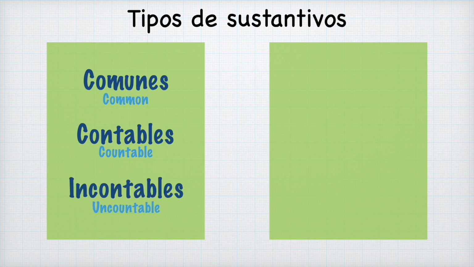We also have uncountable nouns, incontables, and they can't be counted. They're usually treated in singular. For example, sugar, azúcar, or milk, leche, or even money, dinero. Similar to English, they can be measured, as in a cup of sugar or two, but they can't be counted.